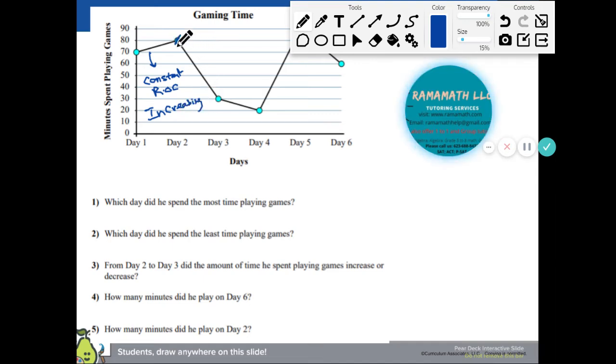And then from this piece to this piece, what do you guys think? Is it increasing or decreasing? What do you guys see? Use the chat box.